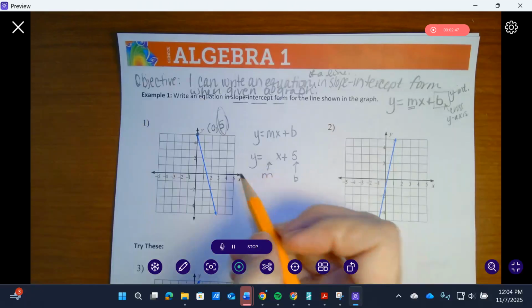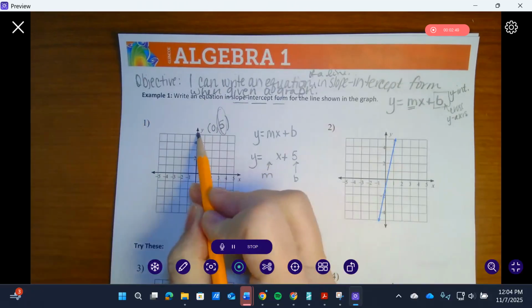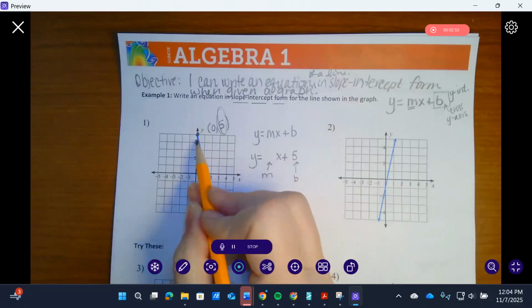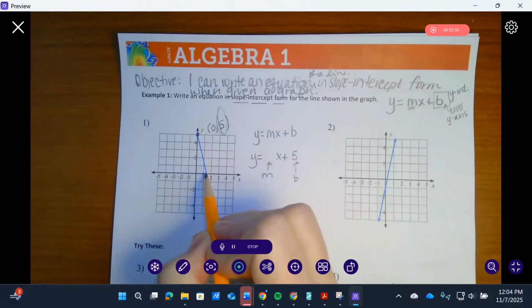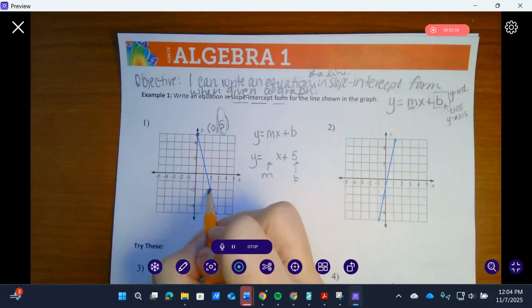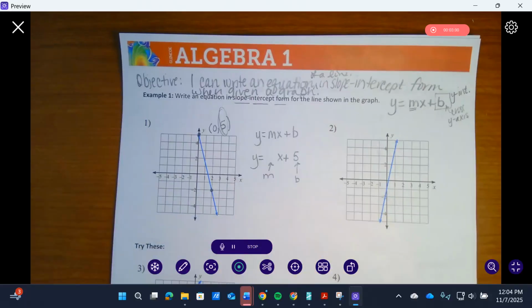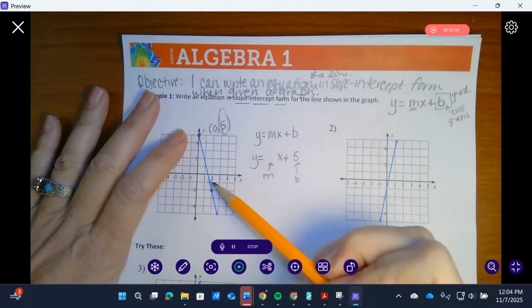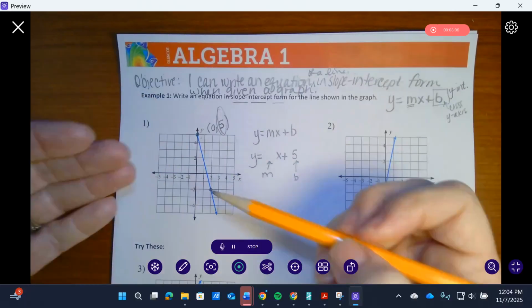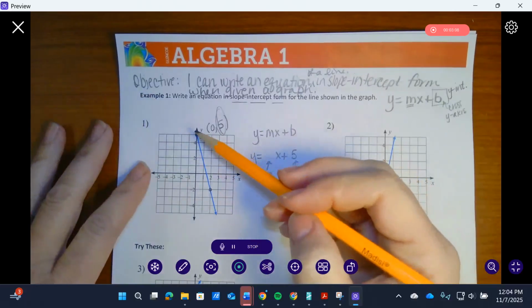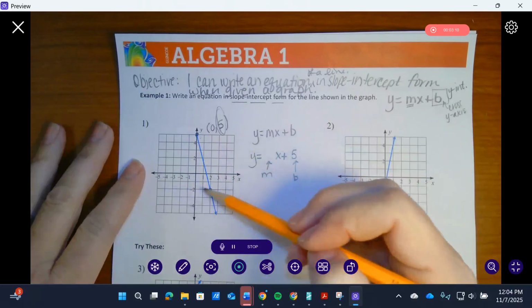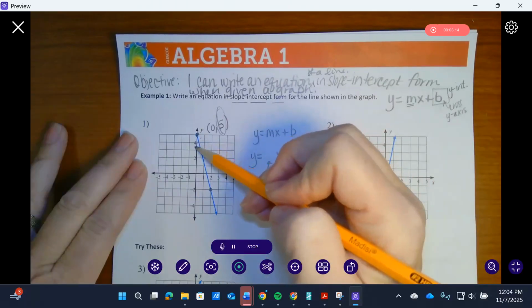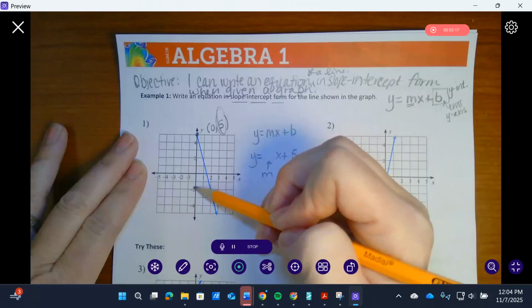And then to get my slope, I've got to think about this point right here, and try to find another point where I cross over a grid on a corner, a nice spot right there. Now I've got to think about when I go from this point to this point, how far up and down I go and how far left and right I go. From here I go down 1, 2, 3, 4, 5, 6, 7.